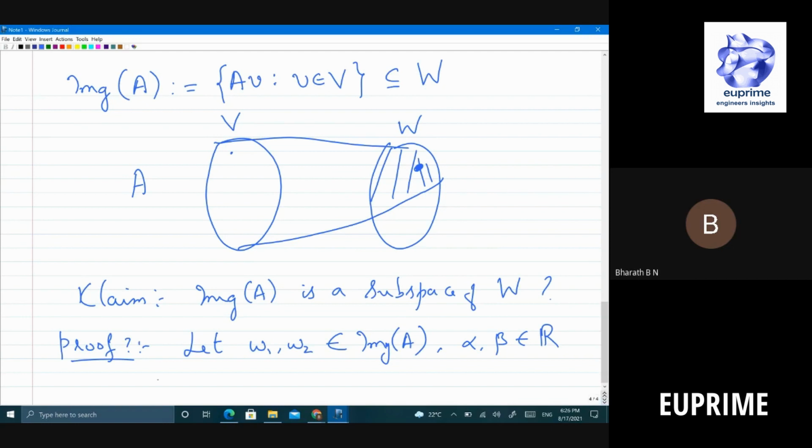So what does w1 belonging to the image of A mean? It essentially means there is a vector v1 in V that gets mapped to w1. This implies there exists a v1 belonging to V such that Av1 is w1.